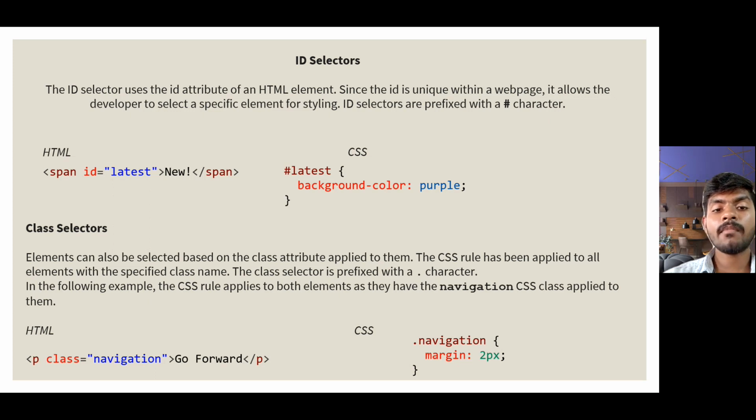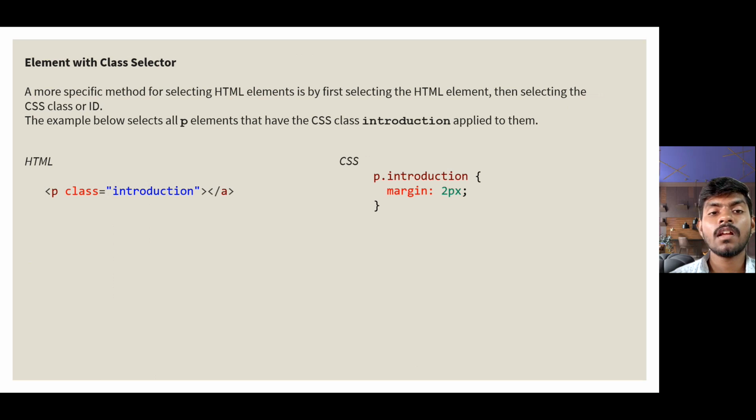In HTML, we have given the paragraph tag a class, style, and the text is go forward, and closing of paragraph. In CSS, we use a dot with the class name and open the braces and give the property margin and the value 2 pixels and close the brackets. Here comes the element with class selector.